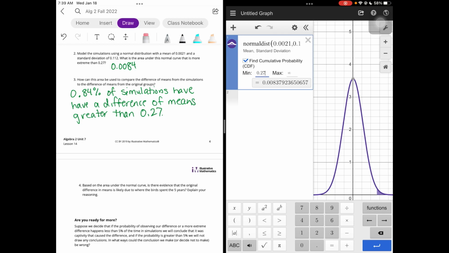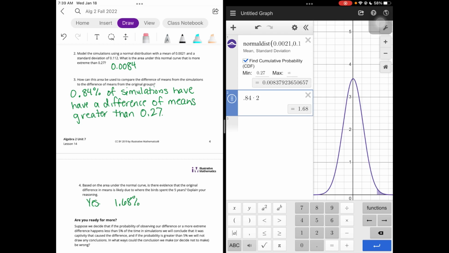Yes, that is a very small percentage, because even if you are looking at both sides of the distribution, even if you multiplied that 0.84 by 2, now you have a 1.68% chance that the difference of means would be greater than 0.27 or less than negative 0.27.